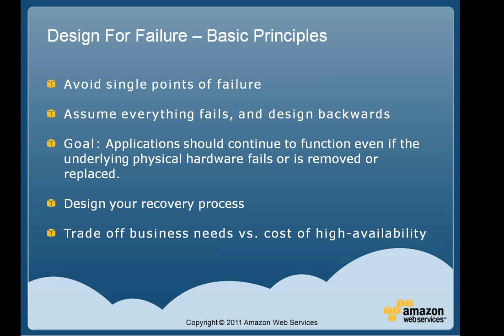So look at your architecture and identify the components there, possibly a front end, an application layer, a database layer, and so on, and ask yourself, well, what happens if this component were to fail? And once you identify a single point of failure, basically if your answer to that question is, well, if that component fails, my entire system is down, it's time to put some redundancy in place.